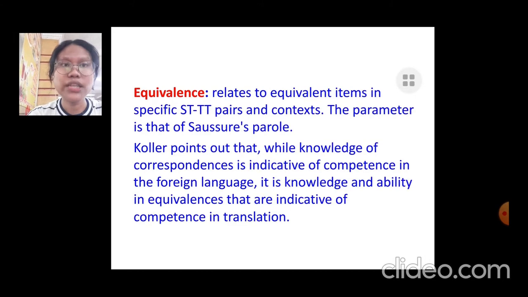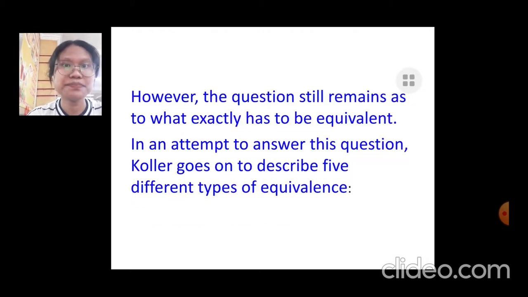Equivalence relates to equivalent items in specific ST and TT pairs and contexts. Its parameters are those of the source parole. Koller points out that while knowledge of correspondence is indicative of competence in the foreign language, it is knowledge and ability in equivalence that are indicative of competence in translation.